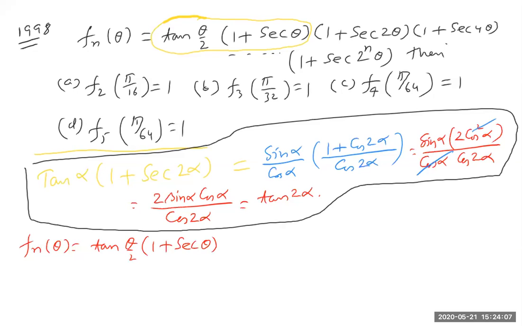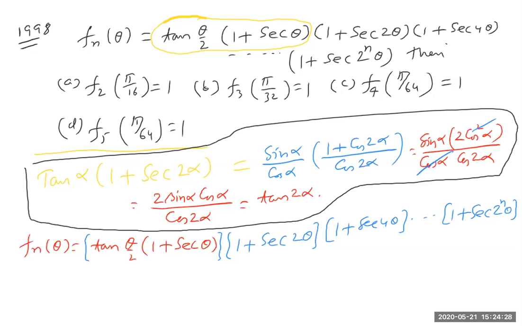This I am putting in one bracket. After this I am getting 1 plus sec 2 theta. Afterward I am having 1 plus sec 4 theta, and then I am having 1 plus sec 2 raised to power n theta. This is the situation.